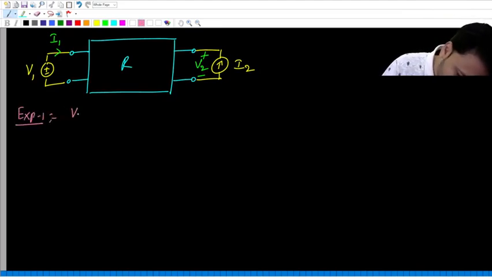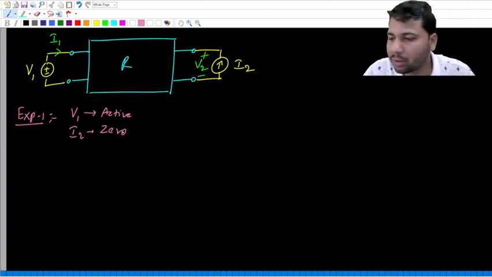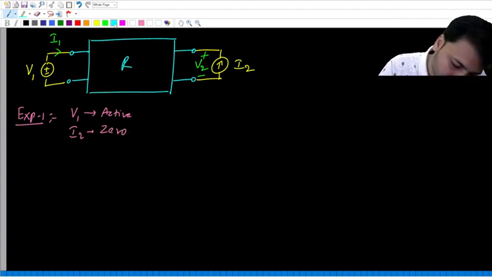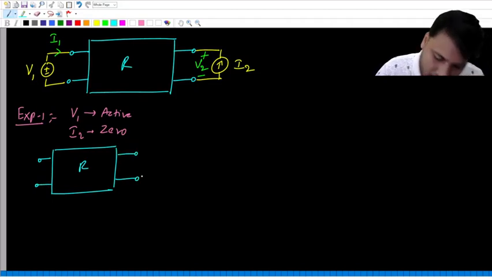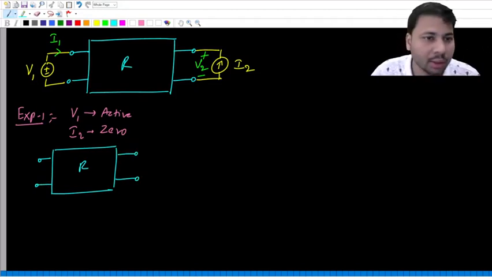In the first experiment, the voltage source V1 is active, and the current source I2 is made 0. So what will the network be like? This is the resistor network.